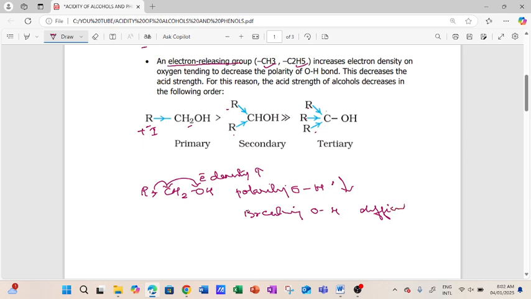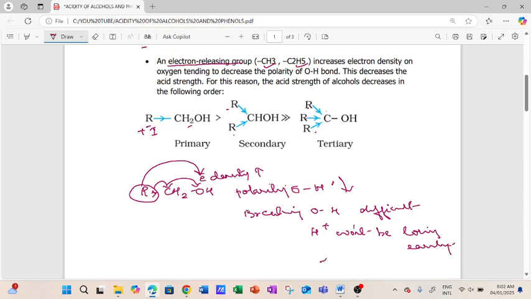You understood the point? When the electron density of oxygen increases, why? Because alkyl groups are releasing electrons to the oxygen atom. So the oxygen's electron density increases, the polarity of the OH bond decreases, so the breaking of the OH bond is difficult. If the OH bond is not breaking easily, it means H plus ions won't be lost easily.